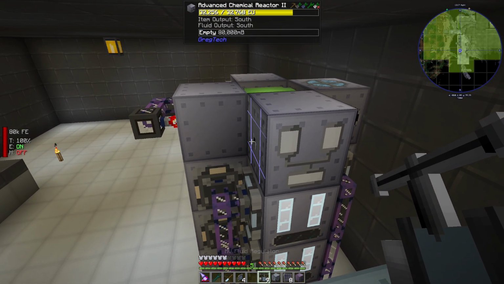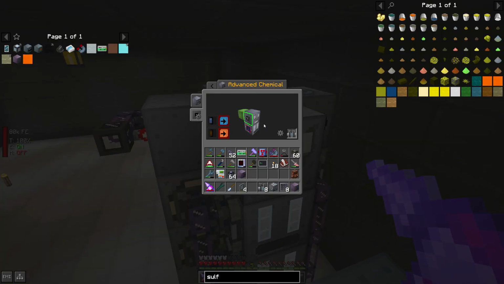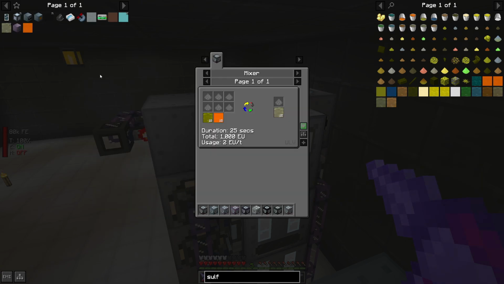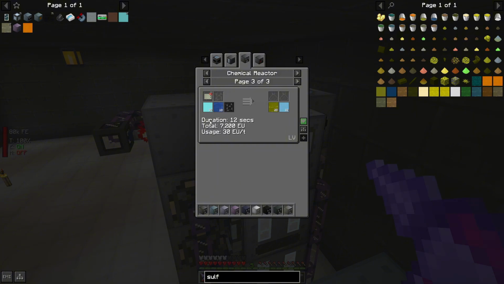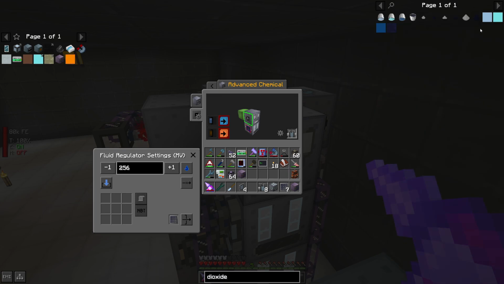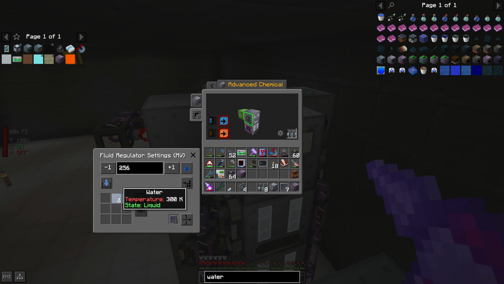We're going to need a regulator. Input. Okay, so nitric acid is 3 parts nitrogen dioxide, 1 part water. Nitrogen dioxide, keep exact. There we go. Should be import, keep exact.